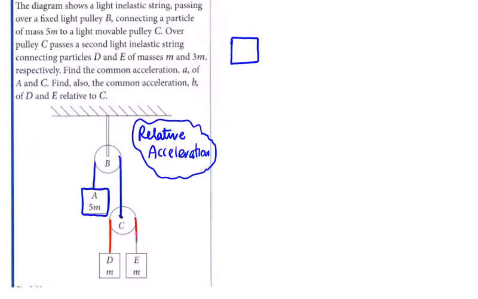So we have two strings, so we go T2, we go T1. Going to identify the directions of acceleration, really important. We have 5m. Now because these are m and 5m, we could change to 5, 1 and 1, but I'll leave it at 5m just like they wanted in the question. So going down we have 5mg.